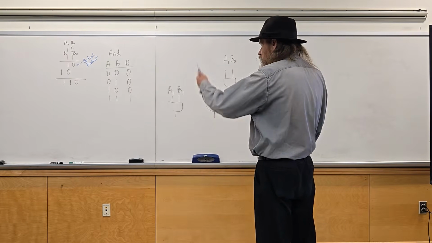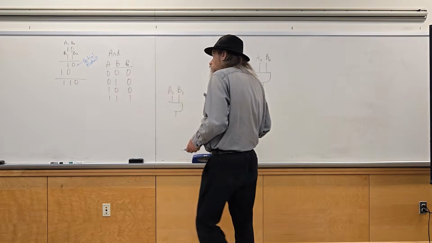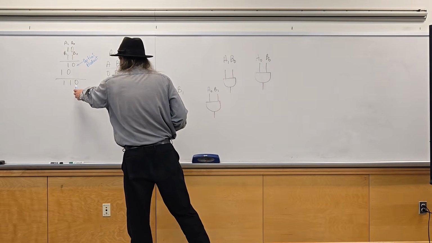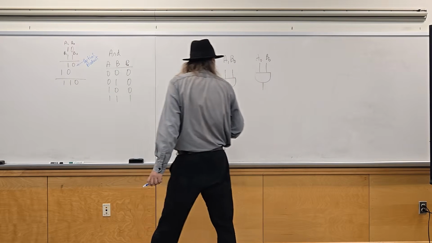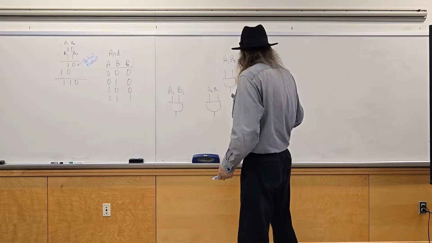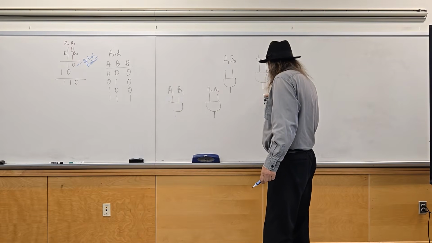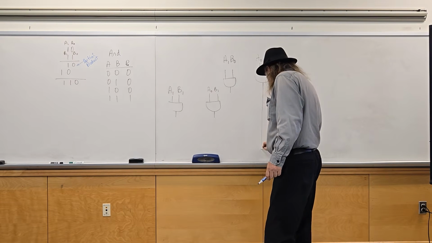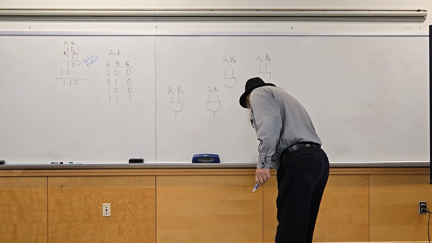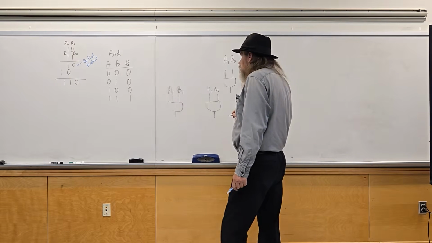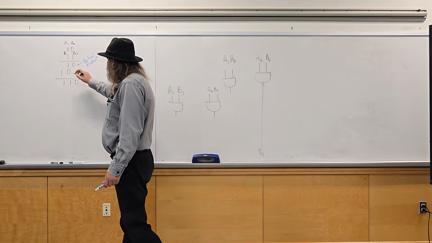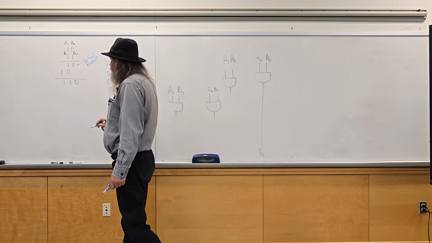Now you do your addition. Your rightmost bit in the partial products doesn't do anything. You don't add it to anything, so it goes straight down. That's your P0. In the second column, you need to start adding things together.